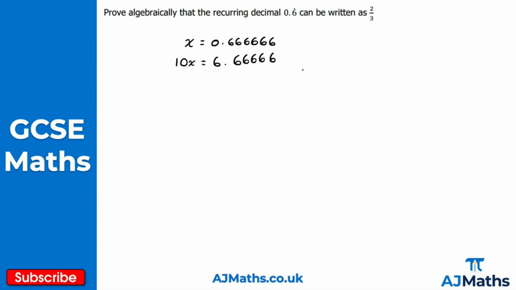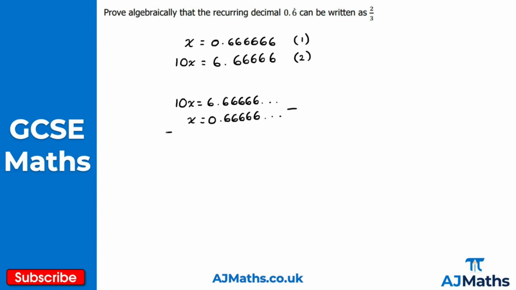I'm going to call this equation 2 and this equation 1, and subtract equation 1 from equation 2. So we've got 10x equal to 6.6, 6, 6, 6, 6, and so on, and we're going to subtract x, which is equal to 0.6, 6, 6, 6, 6, and so on.